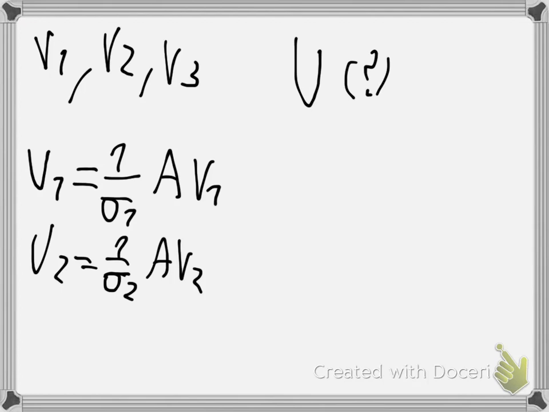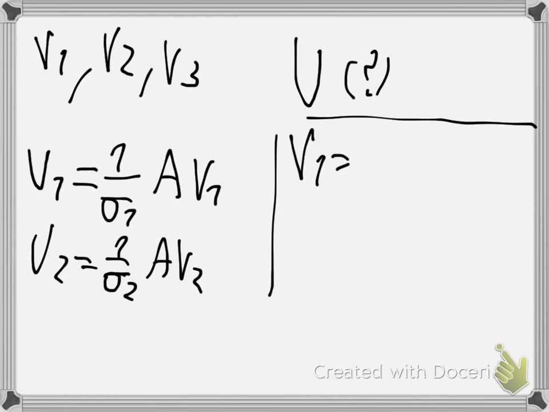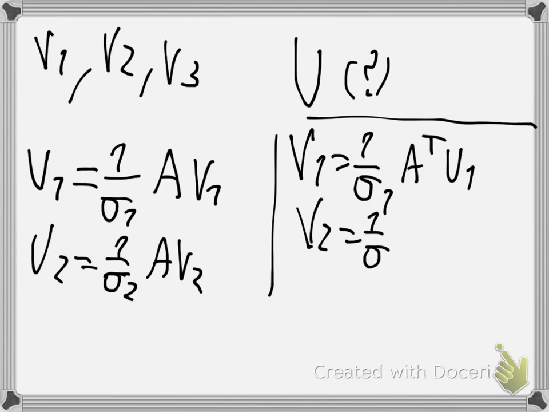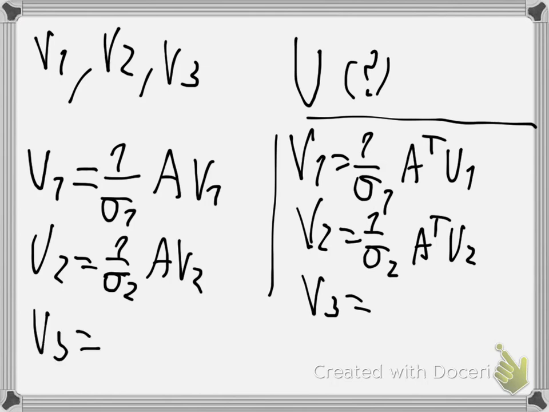And for V it is similar. If you know the vectors for U but not the vectors for V, then V1 will be given by 1 over sigma 1 times A transpose times U1. Be careful, A transpose times U1. V2 will be given by 1 over sigma 2 times A transpose times U2. And V3 will be given in the same manner, and U3 will be given as before.